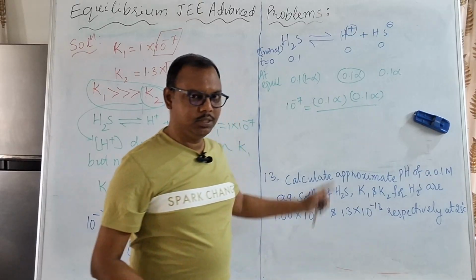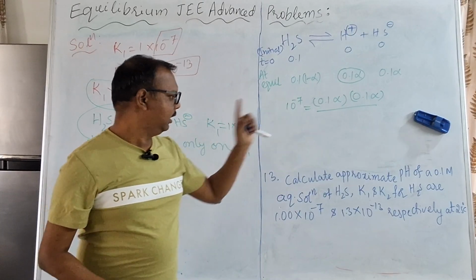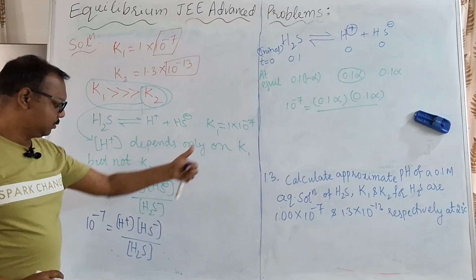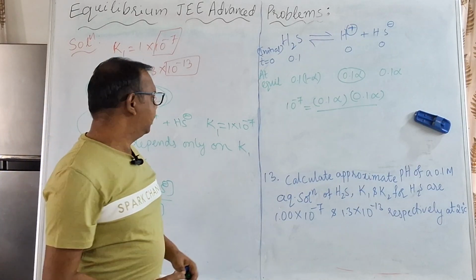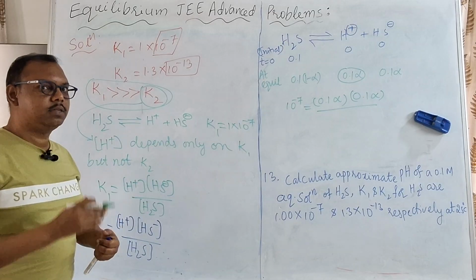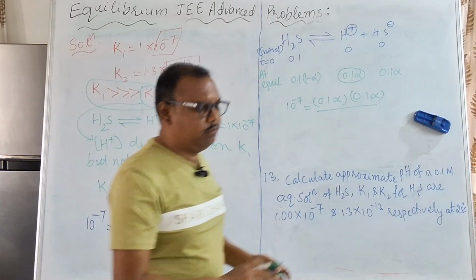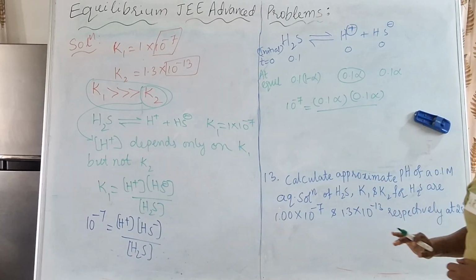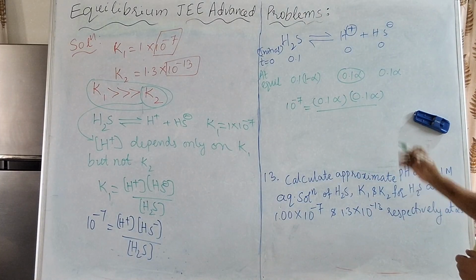You can observe very clearly, I am substituting the values of H plus, HS minus and H2S, because directly we don't know up to what extent it can be dissociated. First we have to find that out. Okay, then only can we find the alpha value, the degree of dissociation.